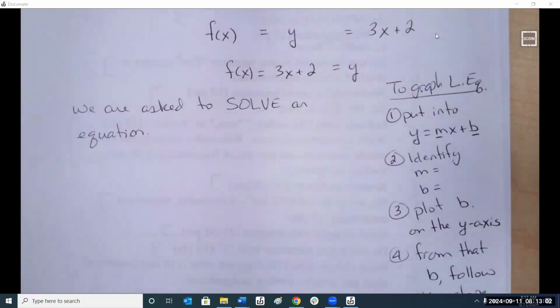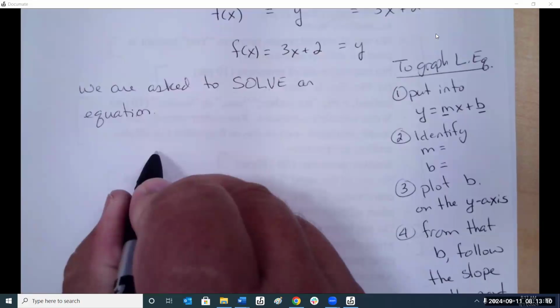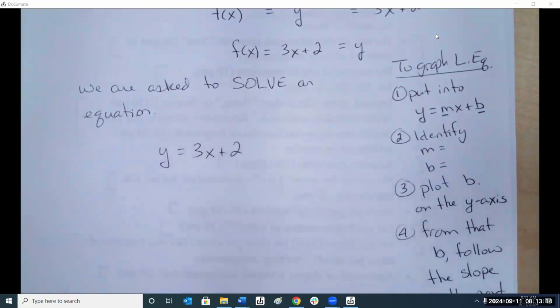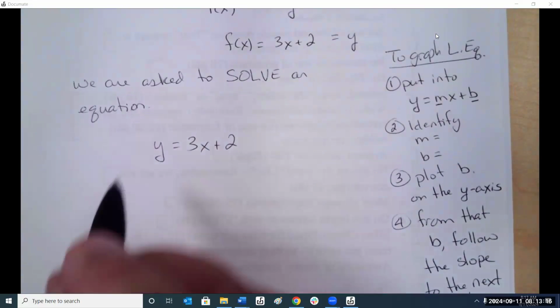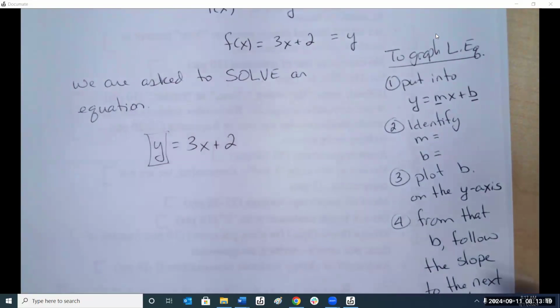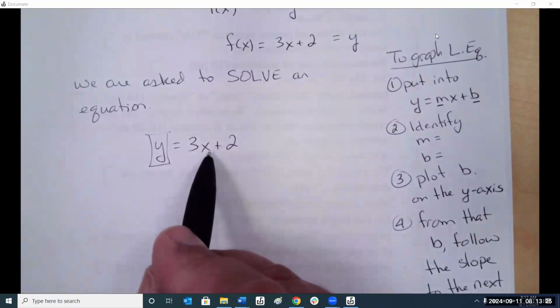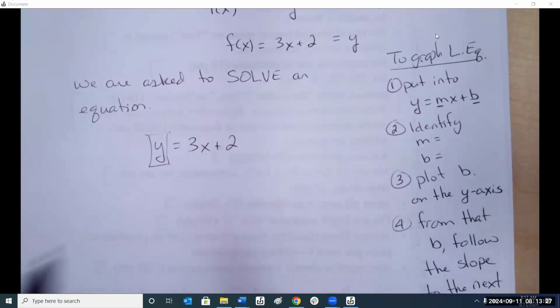If you have two variables, pick one of the variables, move it by itself, everything else on the other side. That's an equation. We isolated a variable. Nothing to do here, because all we do now is take some x's, plug them in there, and find some y's.